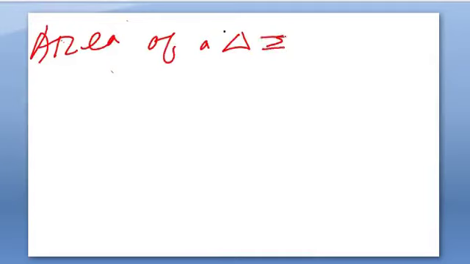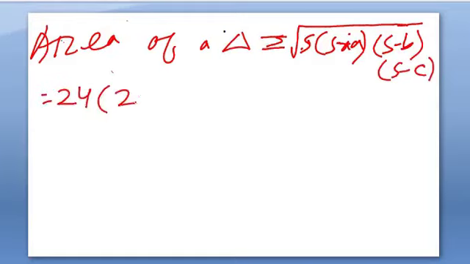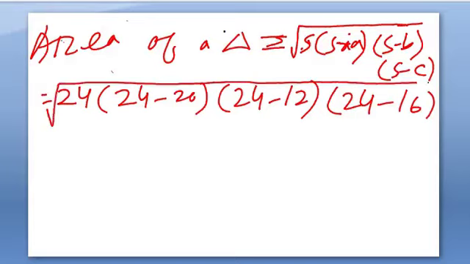We know that area equal to root over S into S minus A into S minus B into S minus C, equal to root of 24 into 24 minus 20 into 24 minus 12 into 24 minus 16.